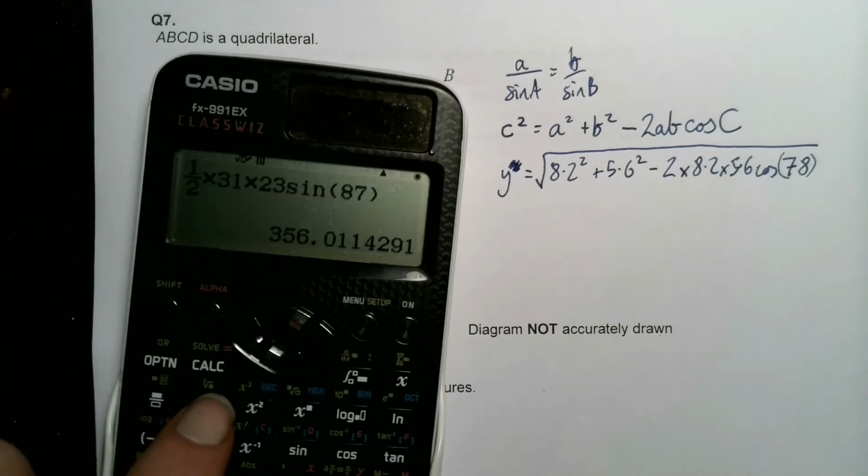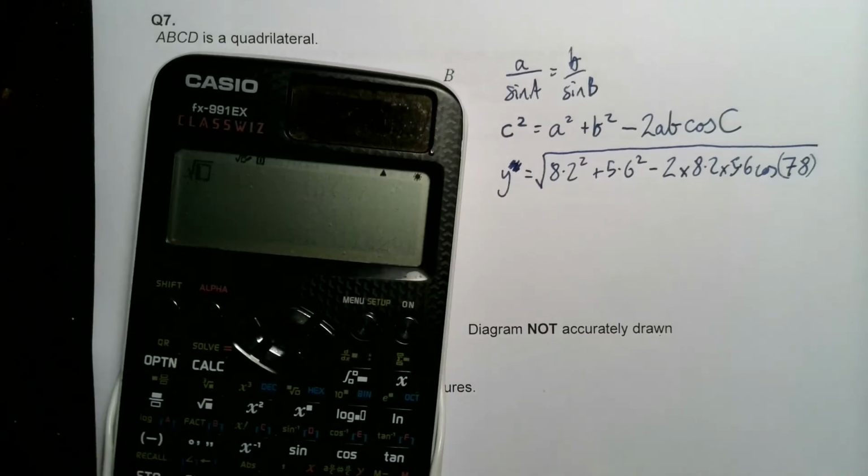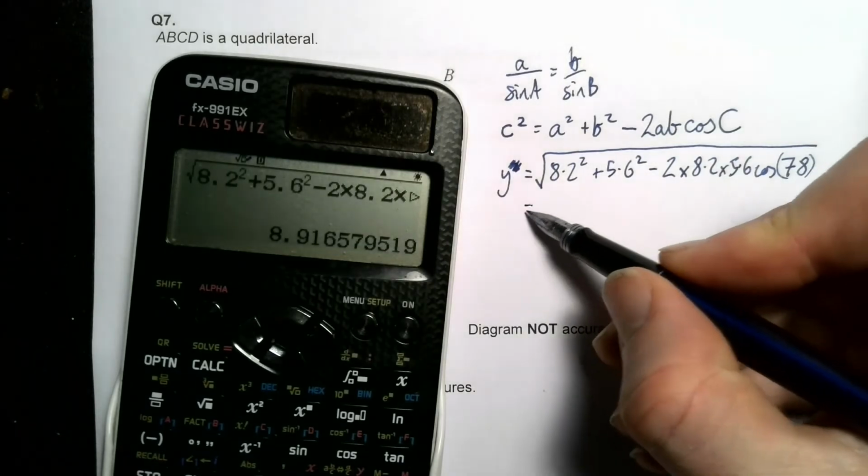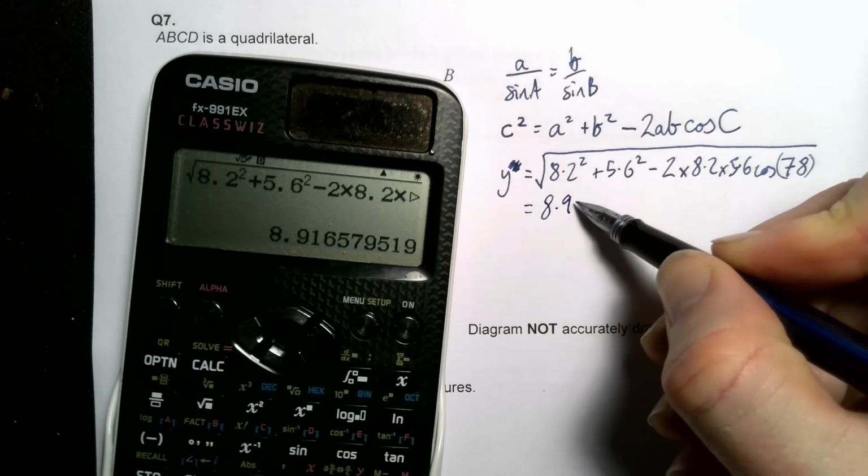You just hit the square root button at the beginning and then press 8.2 squared plus 5.6 squared, take 2 times 8.2 times 5.6 cos 78, close the bracket, press equals, and that's given me my answer straight away, 8.916.